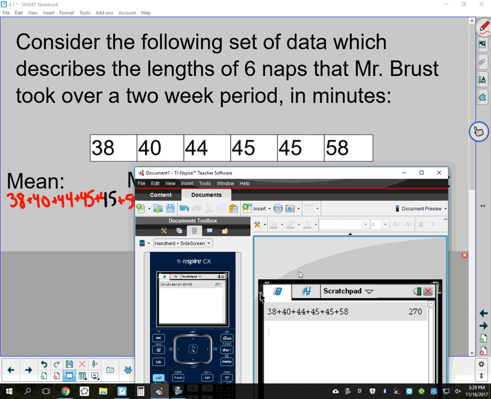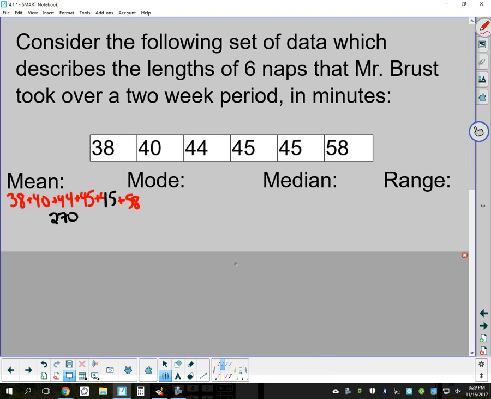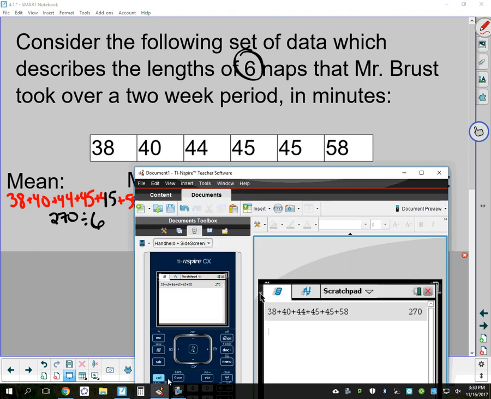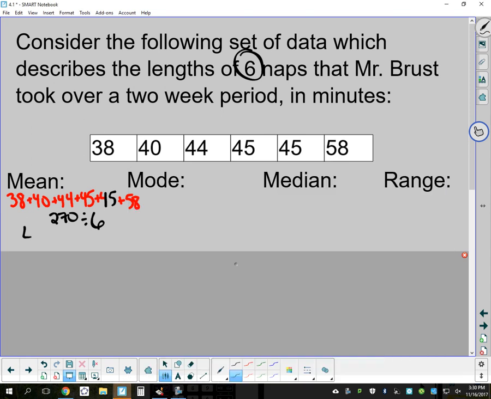So we get 270 for that. And then you're going to have to take that 270 and divide it by 1, 2, 3, 4, 5, 6. There are 6 numbers because you have 6 naps. So 270 divided by 6, my answer is 45. So our average for our mean is 45. 45 what? 45 minutes. Okay.